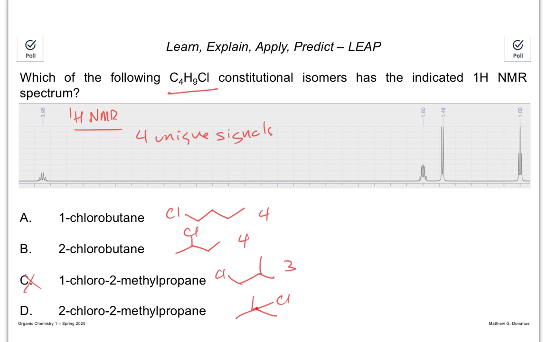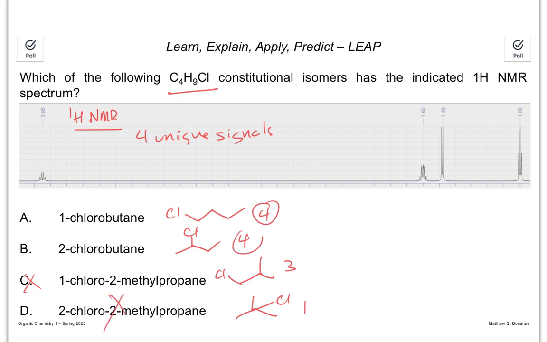But if you're standing on that carbon and you look out, you see chlorine, methyl, methyl, methyl. It doesn't matter which methyl you're looking at. They all end up being the same. What can be confusing is if you start here and say, well, I walk over to there, this makes that different. So you're really looking for symmetry. So this has 1, so that's out.